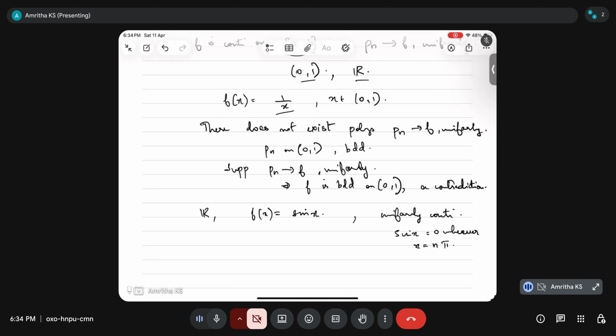But the polynomials can have only finitely many zeros, and therefore one would not get uniform convergence there. One can write that down and see.